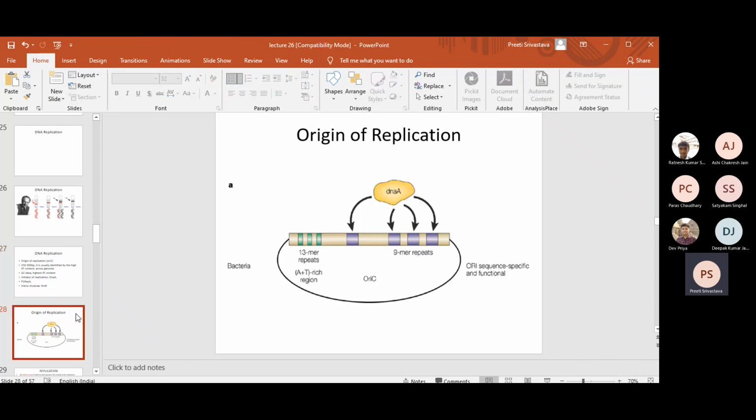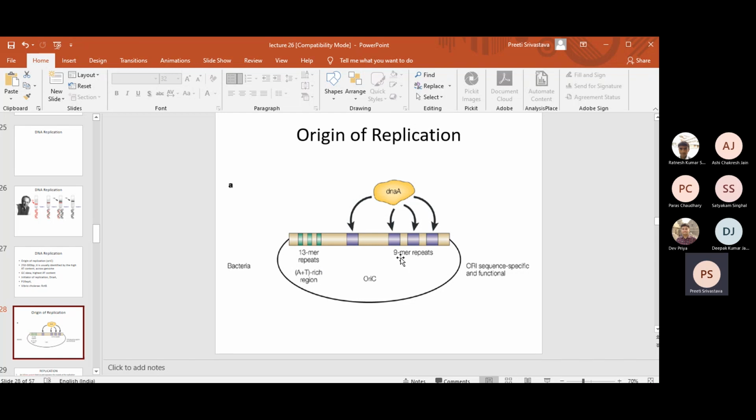If we now look at the structure of the origin of replication, this whole sequence is roughly 250 to 300 base pairs in length. What is unique is that it contains 9-mer repeats, and these 9-mer repeats are actually DnaA binding sites. DnaA, the initiator of replication, binds to the 9-mer sequences. There are 13-mer regions which are highly rich in AT sequences.